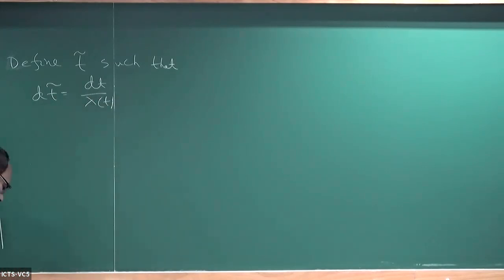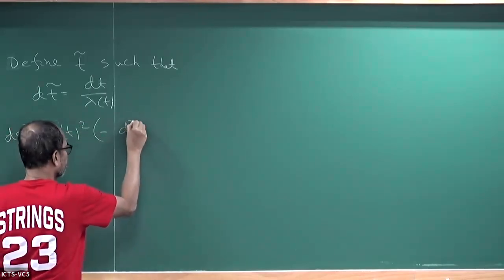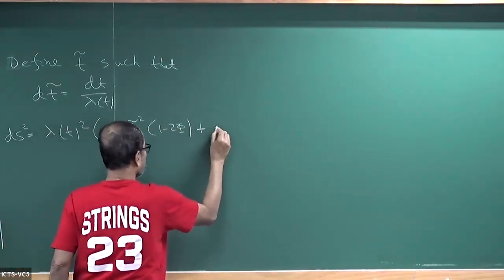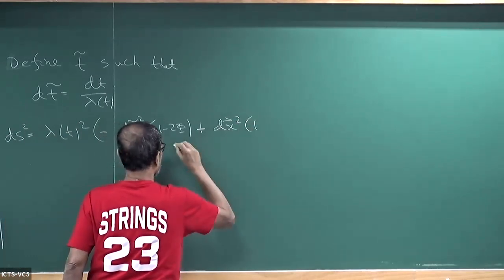A new definition of the time coordinate. Then the metric I can write as lambda t square times minus dt tilde square times 1 minus 2 phi plus dx square times 1 plus 2 phi.